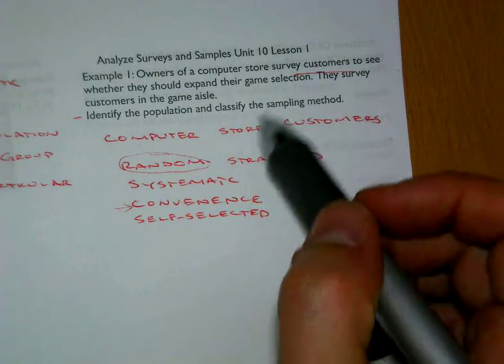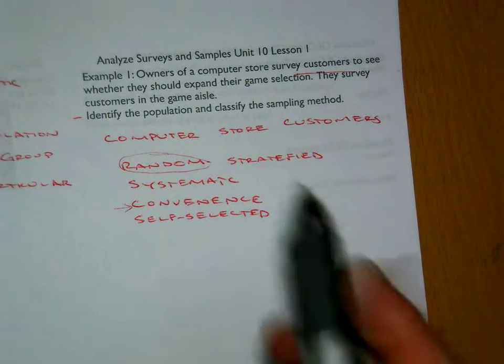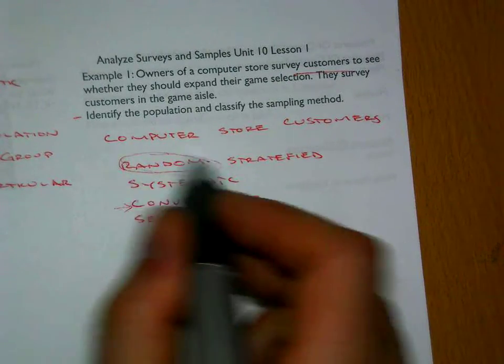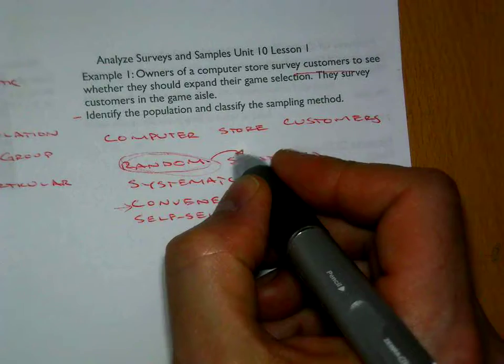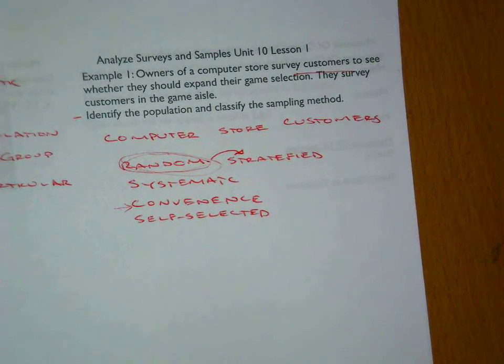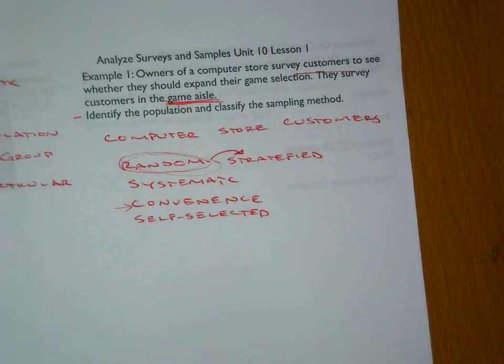So here, if the population is computer store customers, okay, that's pretty random, just the people who walk in, but this might be considered more stratified random because not only is it just random people who come in, but it's the customers in the particular game aisle that are coming in. So that's kind of how we think about population and classifying the sampling method.